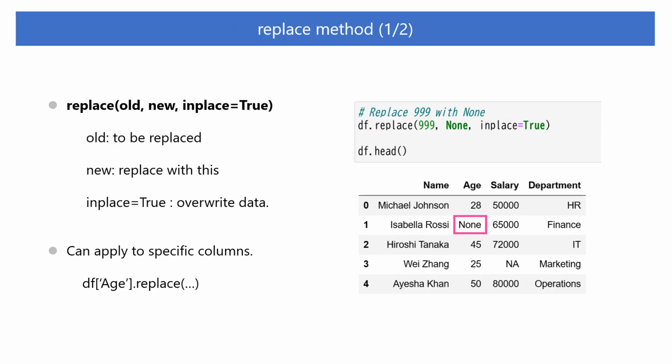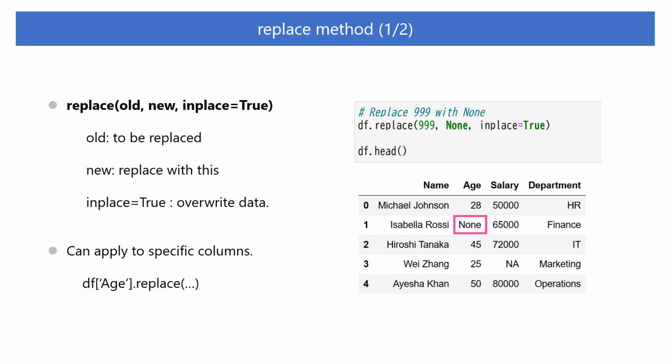We can use the replace method to replace the data in such cases. Let us assume that we want to replace the value 999 with None. In this case, apply the replace method by putting it right after the data frame name and a period.